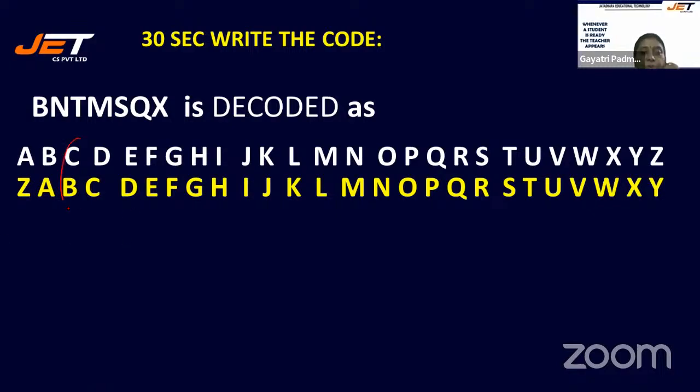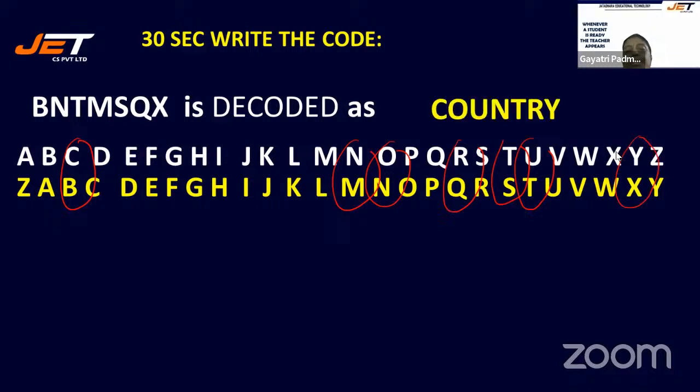Now B stands for C. N stands for O. T stands for U. M stands for N. S stands for T. Q stands for R. And X stands for Y. So it is COUNTRY, C O U N T R Y.